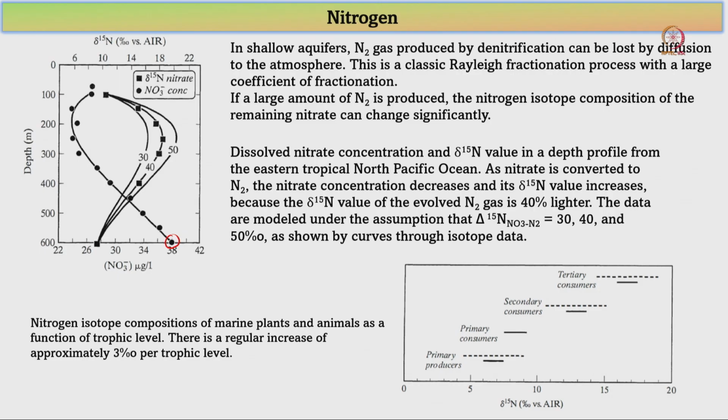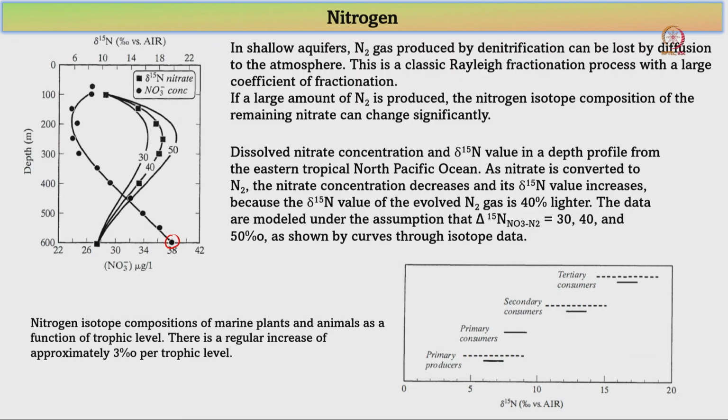Similarly, as you can see here in the ocean, this is the data from the North Pacific Ocean, when nitrate is getting converted to nitrogen, and as it is happening, its delta 15N value is increasing. Okay.